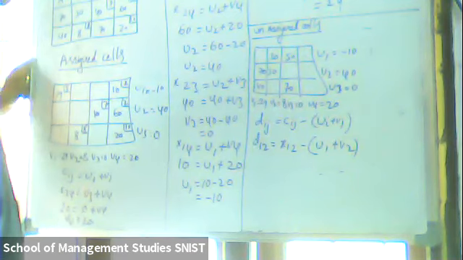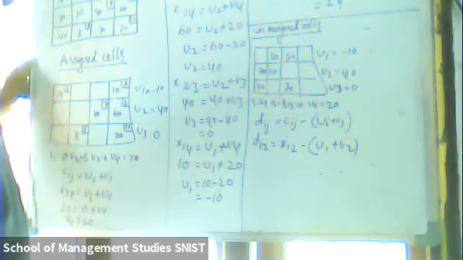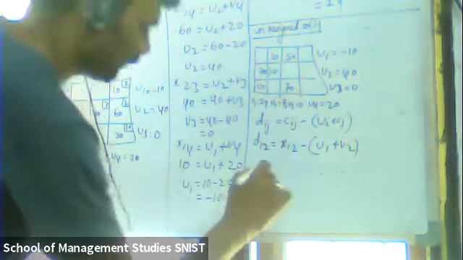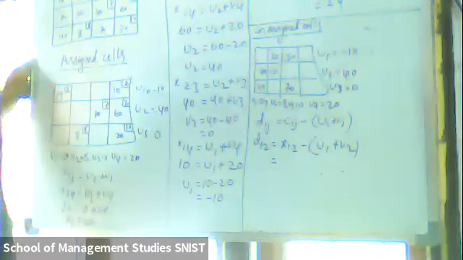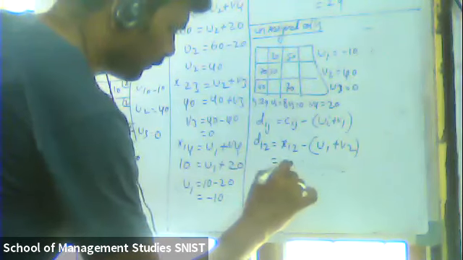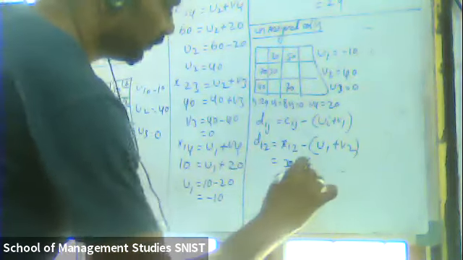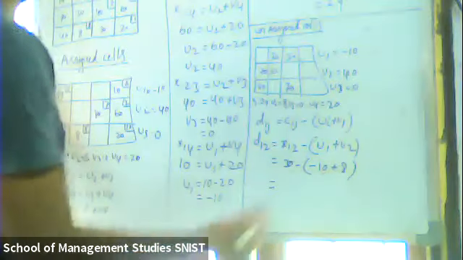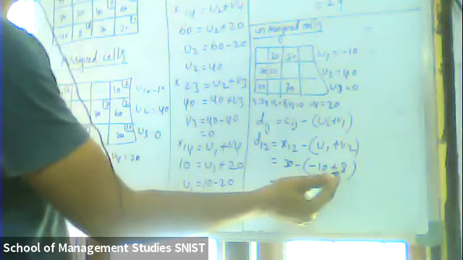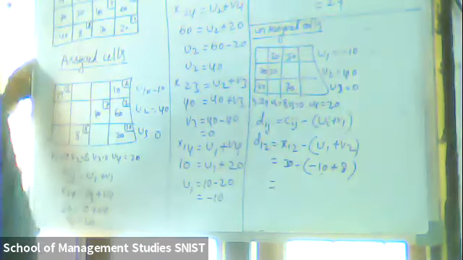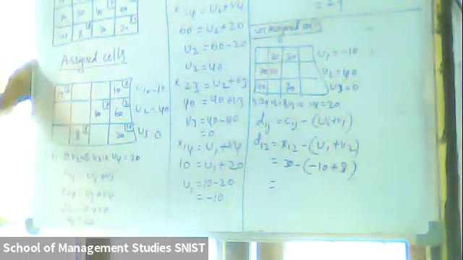Are you following? Now the x12 value is 30, U1 value is minus 10, plus V2 value 8. So minus into plus becomes minus, so that is 2. 30 minus 2 is 28.